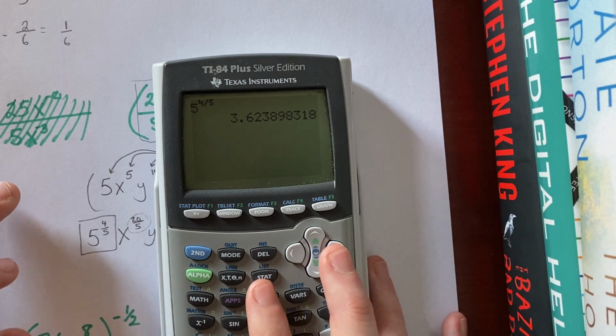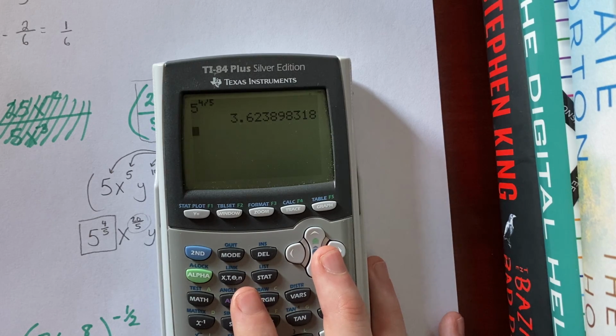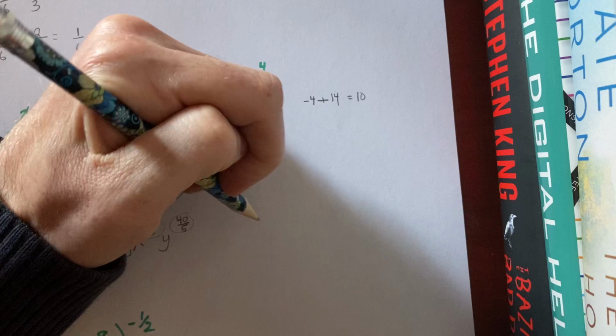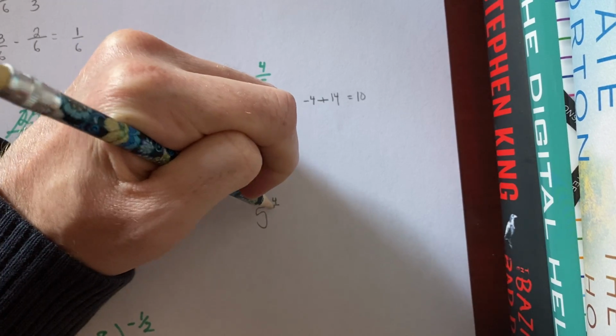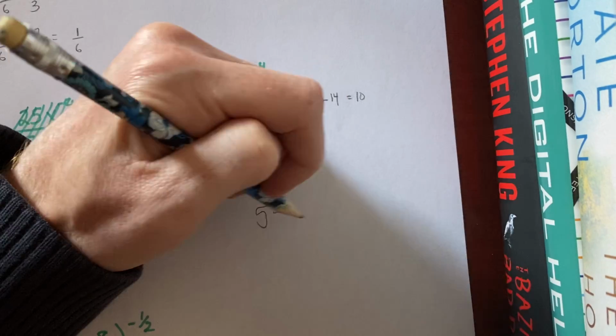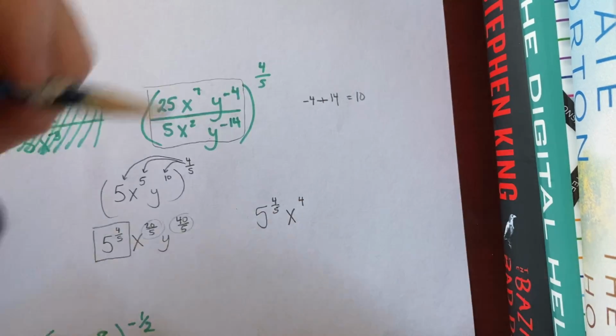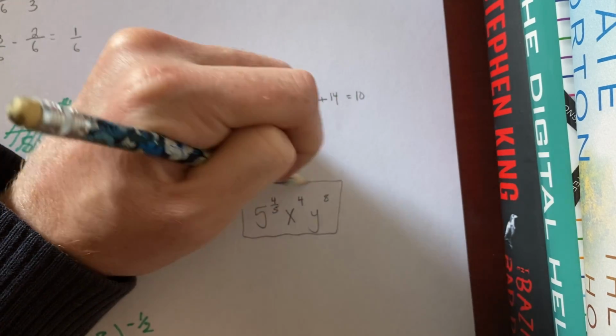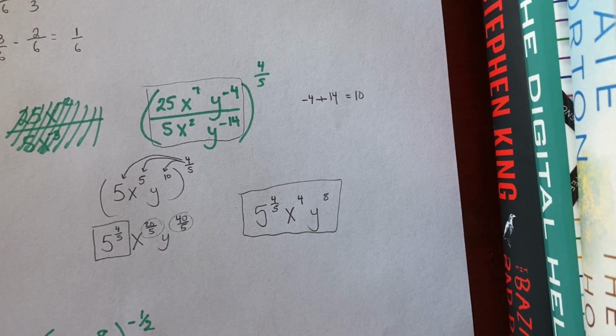I believe the one on the PM students' assignment comes out to a nice number. It should. So I'm going to leave it as 5 to the 4/5 power. Sorry that didn't come out cleaner. As you can tell, I'm making these problems up myself. 20 divided by 5 gives me 4, and then 40 divided by 5 gives me 8. So that is my final simplified answer.